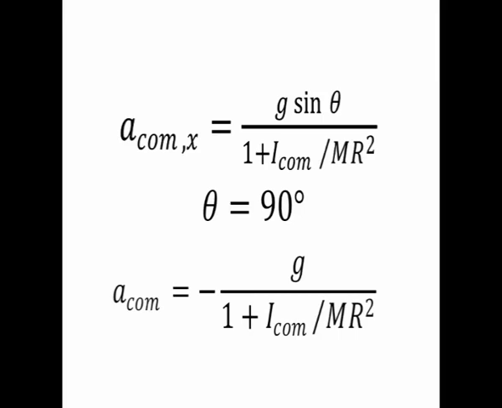Here I is the yo-yo's rotational inertia about its center and m is its mass. The yo-yo has the same downward acceleration when it is climbing back up.